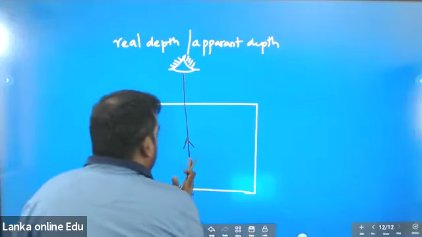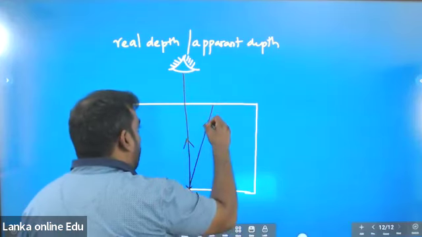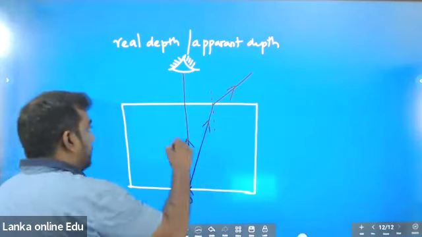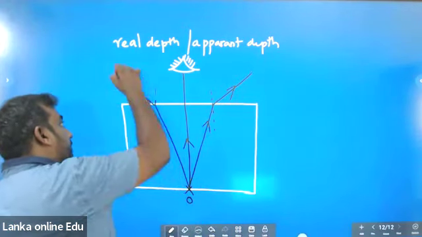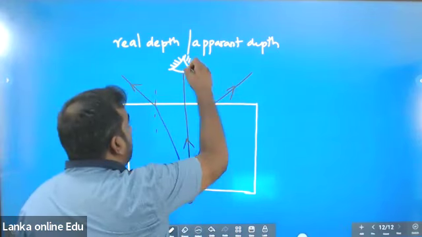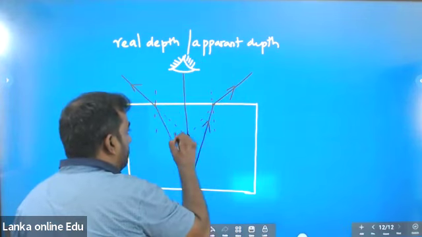Remember, whatever I draw here is actually entering the eye. So this angle is very, very small. These rays also enter the eye. Therefore, the image is formed here.